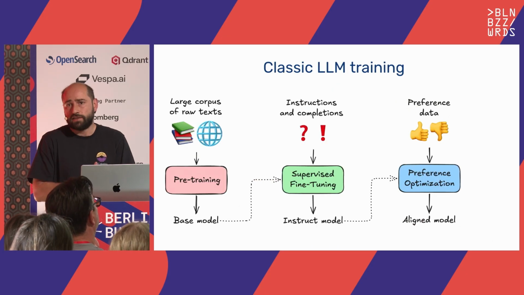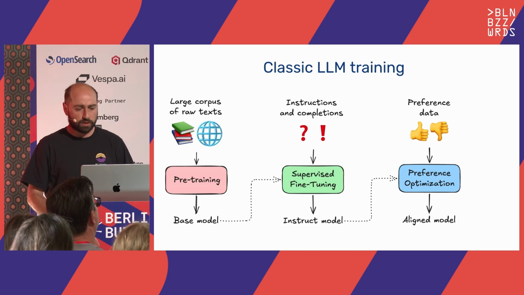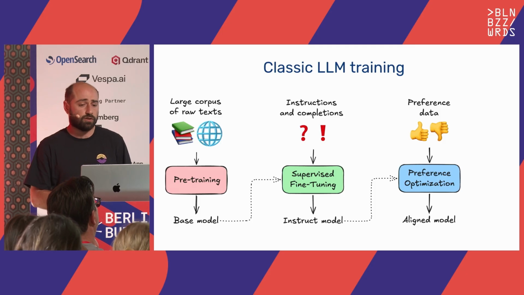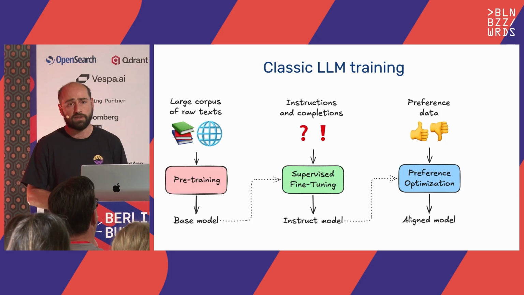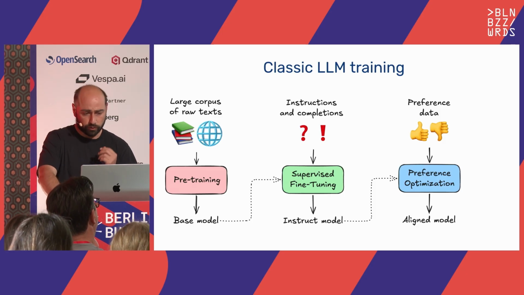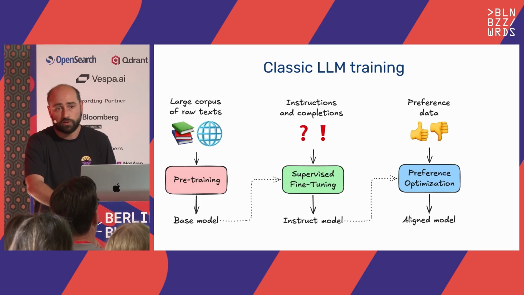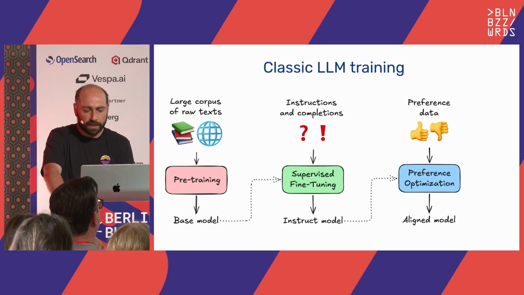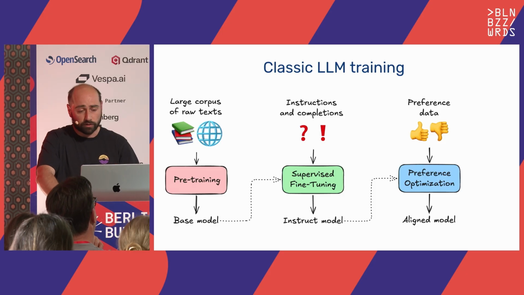A language model, as you know, is a statistical model that, given some text called prompt, produces a text completion. And the classical LLM training is divided into three steps. The first one is pre-training, where the model learns how to produce text completion on a huge corpus of web data generally. And the base model coming out from this phase is not usable right out of the box.